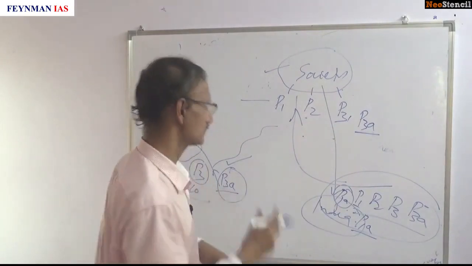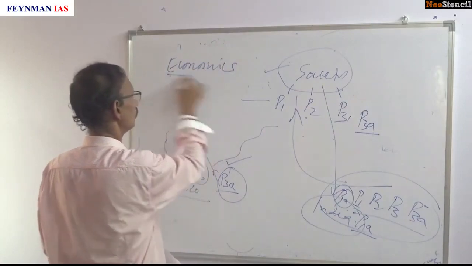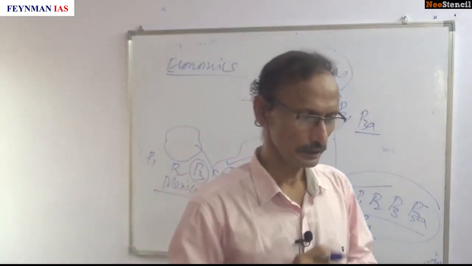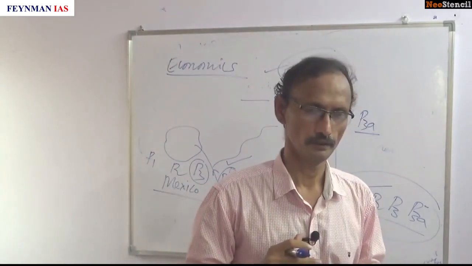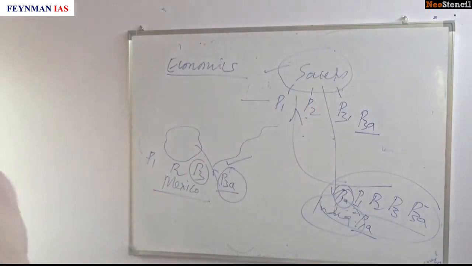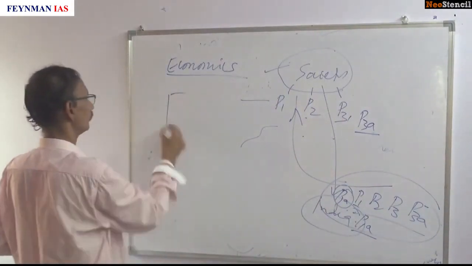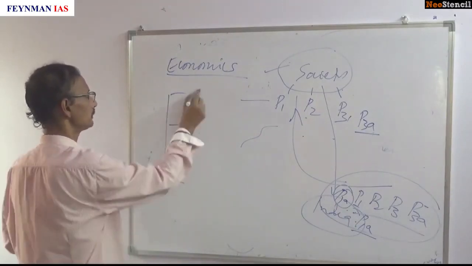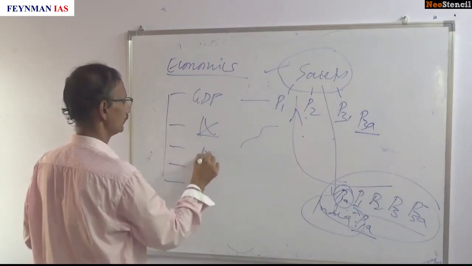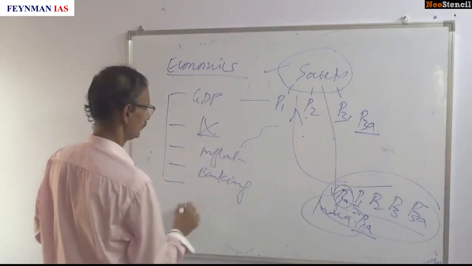Quite a contrasting case is economics. In economics, there may be some perspectives, but essentially economics comes out as one discipline: GDP, demand and supply, inflation, banking, international trade.